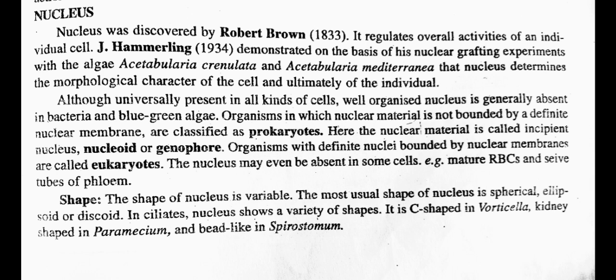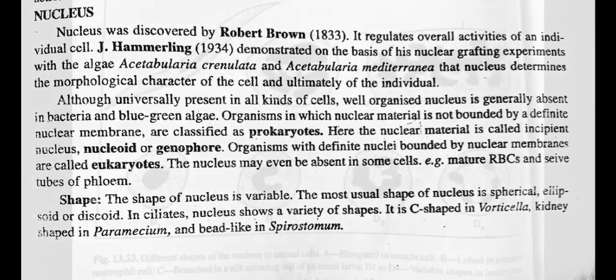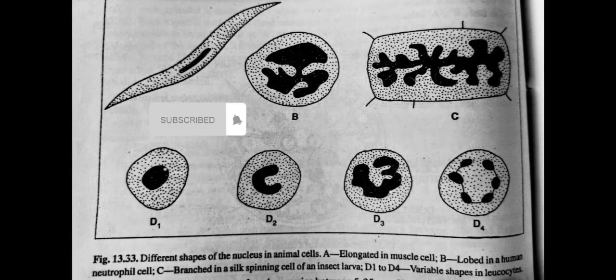It is sheath-shaped in Vorticella, kidney-shaped in Paramecium, and bead-like in the case of Spirostomum. These are the shapes, A, B, C, D1, D2, D3 and D4. These all are shapes of nucleus.